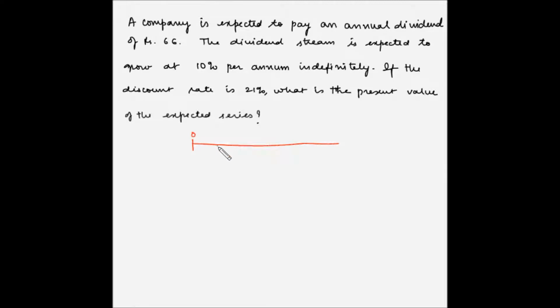and let's put the time frames here and so on. Now the first year dividend is rupees 66, and then the dividend is expected to grow at 10% per annum. So for the second year it is 66 into 1.1. Then for the third year 66 into 1.1 square.